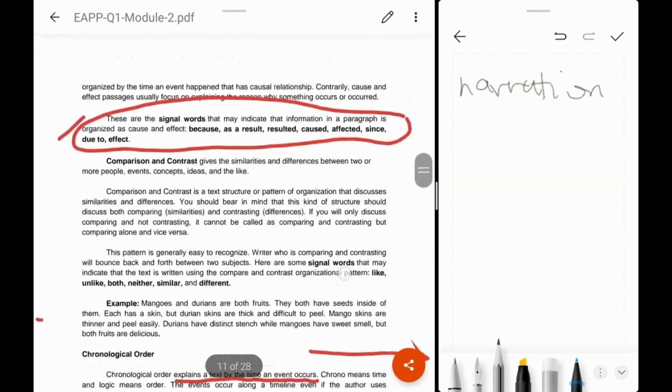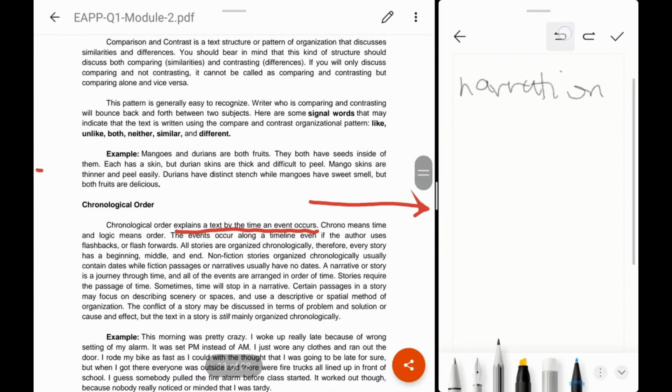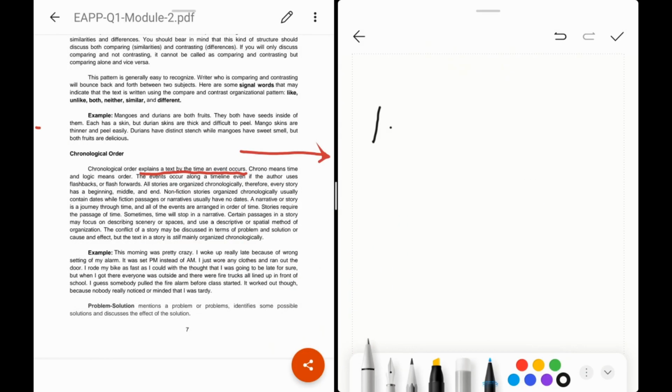Again, we have discussed 5 text structures that will help us easier understand or glean information from what we are reading. These are, the first one is description.